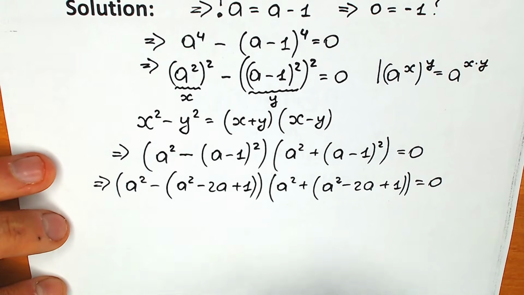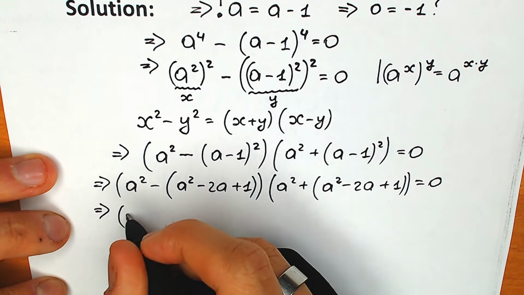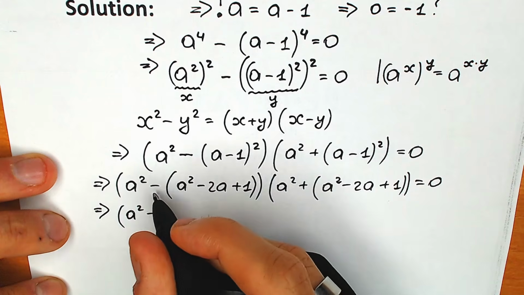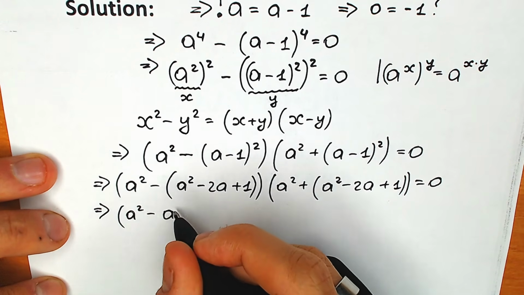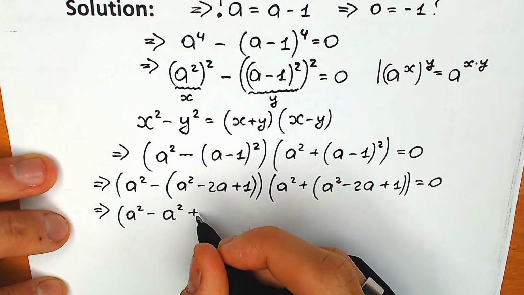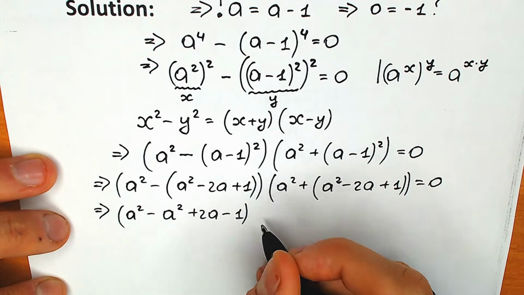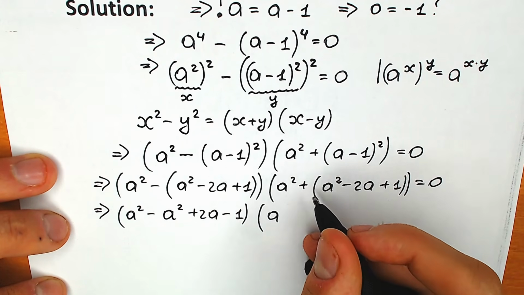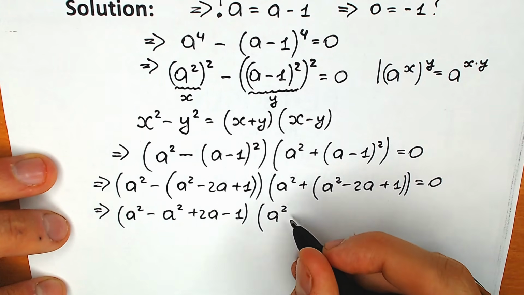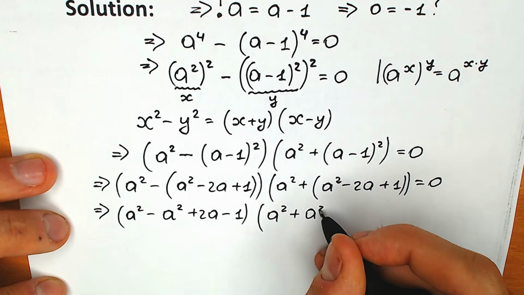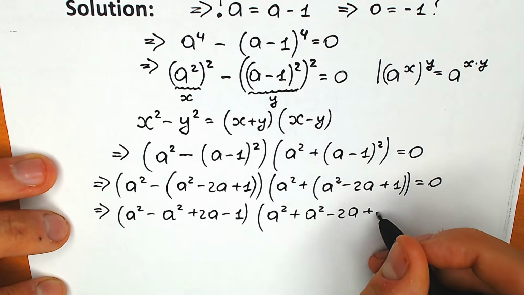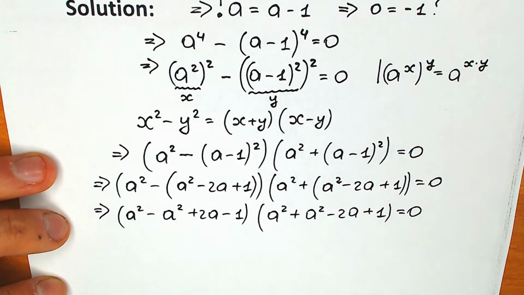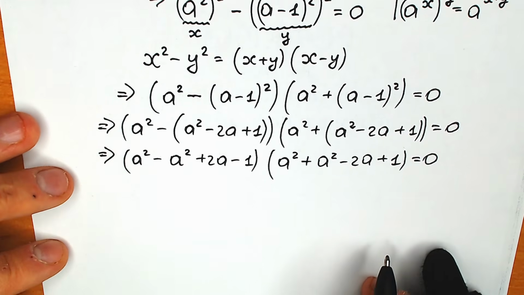Right now, let's simplify this real quick. Let's open our parentheses, because what do we have? A square minus this one, we need to change all the signs to the opposite one, minus a square plus 2a minus 1. Right here, we can easily get rid of this parenthesis. So we have plus a square minus 2a plus 1 equal to 0. Really great. Right now, what can we simplify?